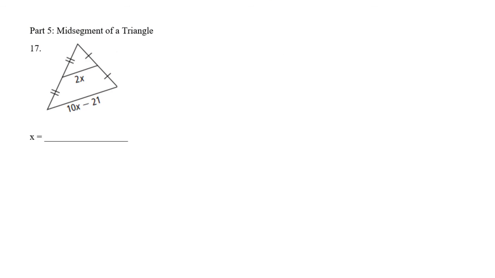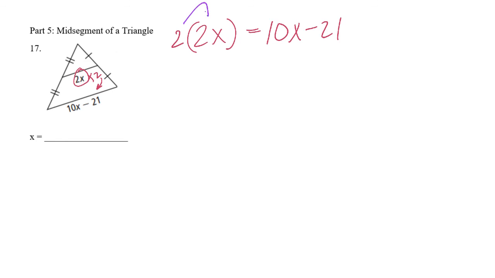And remember, for mid-segment, if these are both the midpoints that are connected, then you can take this middle piece, times it by 2, and it is going to equal that larger piece on the outside. So 2x times 2 equals 10x minus 21. So distribute. So 4x equals 10x minus 21. We can minus the 10x.